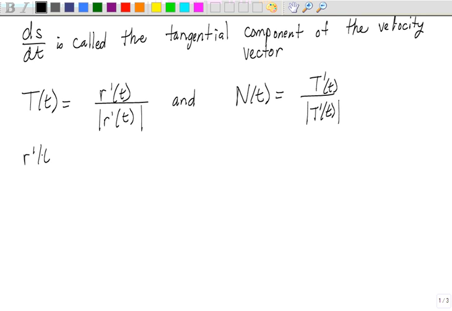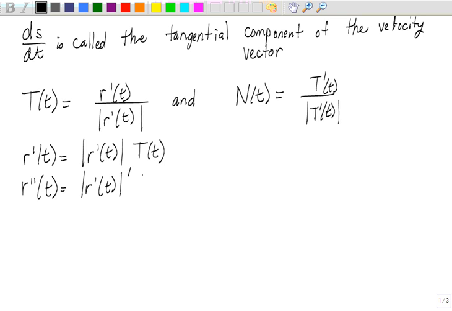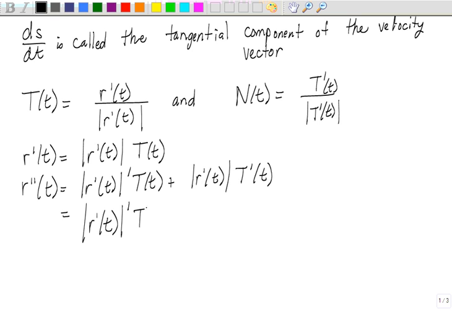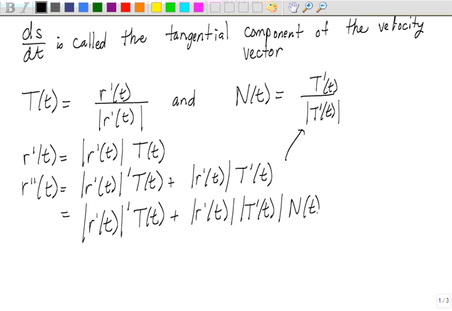So from this first equation, we have r prime of t is the magnitude of r prime of t times T. And so when we take the second derivative, we use the chain rule. But T prime of t from here is the magnitude of T prime of t times N of t.